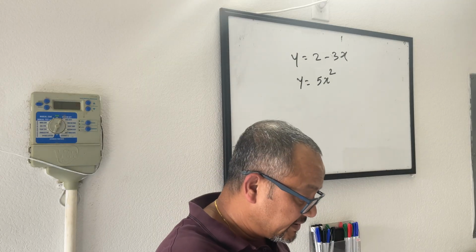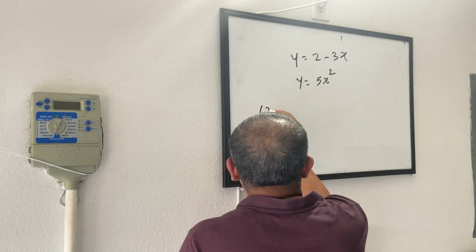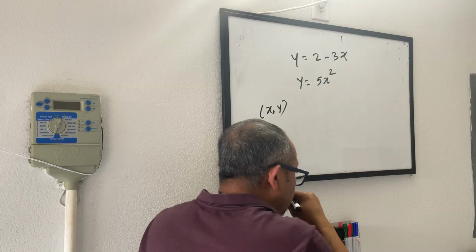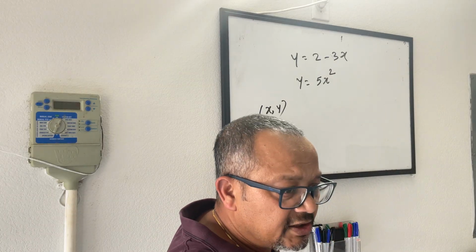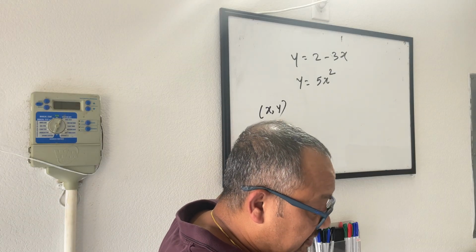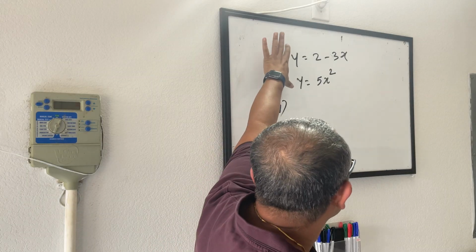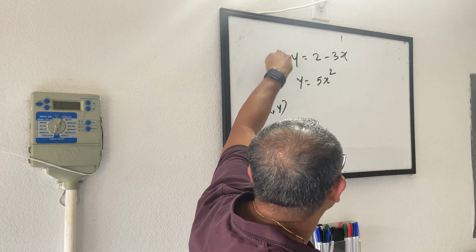The question says, if x comma y, and whenever you see x comma y, it's the coordinate of a point, is a solution to the system of equations shown, meaning there is one value of x and y which satisfies this one and this one both.